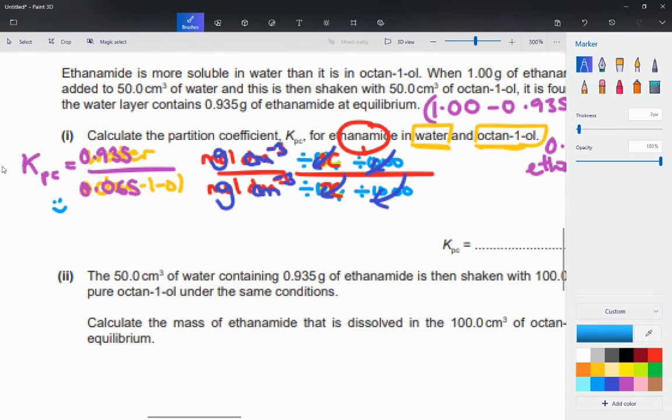And immiscible solvents are solvents that do not dissolve in each other, so they form two separate layers. So you can't combine the volumes. The volumes are given in the question.